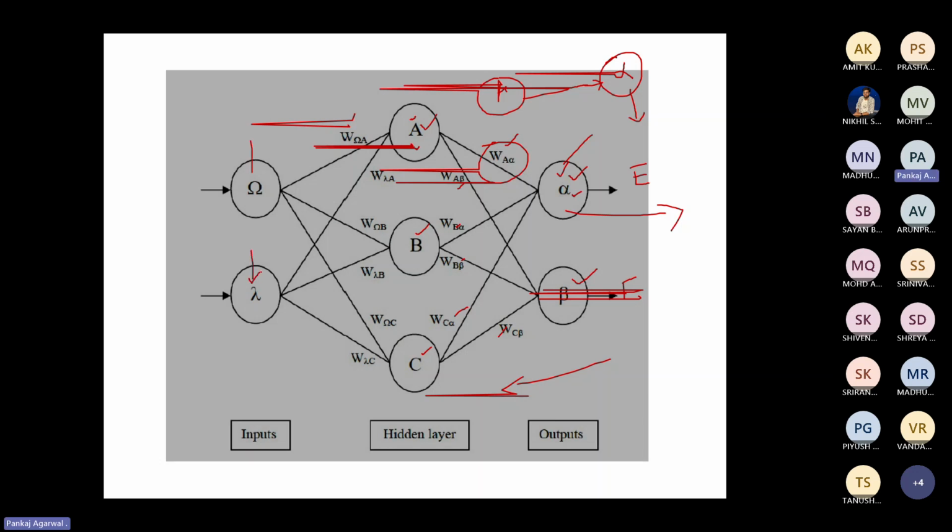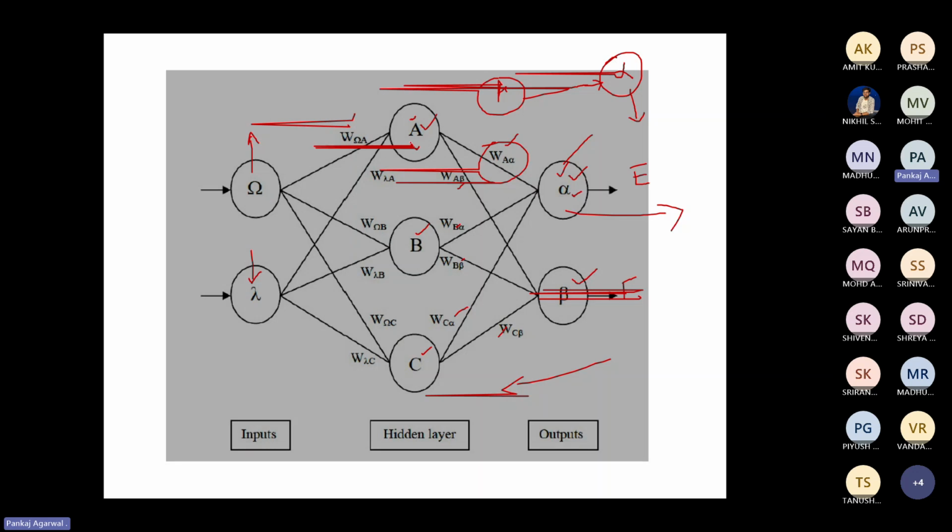Because these are inputs. How can I change these inputs? Inputs would always remain inputs, right? So I have to keep back propagating till I update the weights between the input layer and the first hidden layer, right?